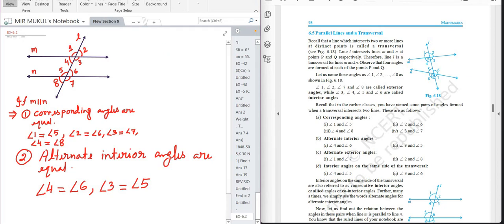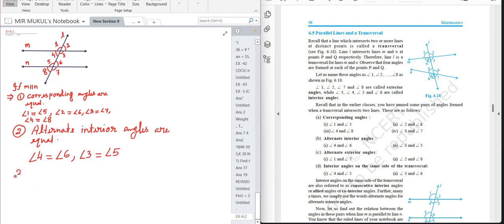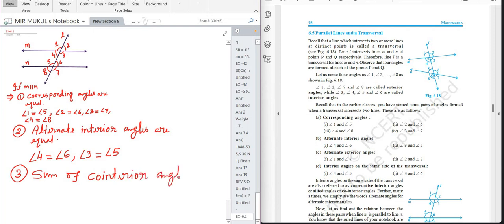And third property, co-interior angles are supplementary. That means the sum of co-interior angles is 180 degrees.